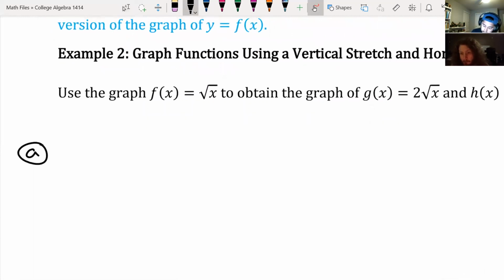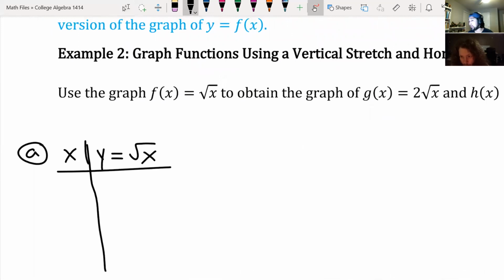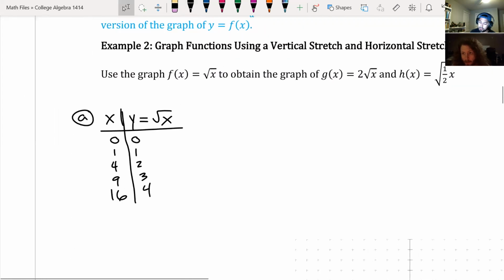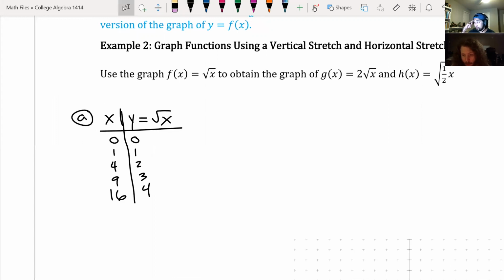So a will be our parent function, y equals the square root of x, and I'll choose numbers for x that'll fit on our graph: 0, 1, 4, 9, 16. And just square root all those numbers, and we'll get 0, 1, 2, 3, 4. Okay, so there's our parent function's coordinates.